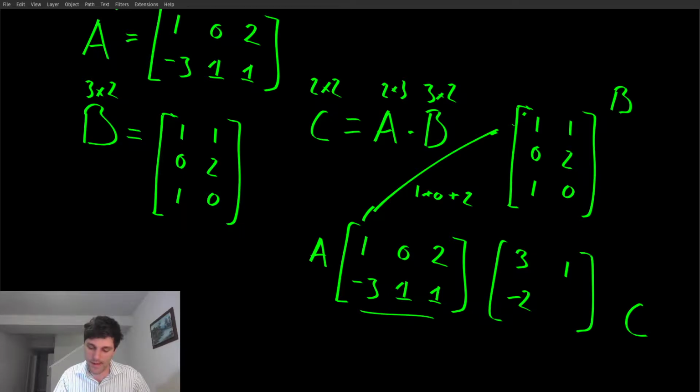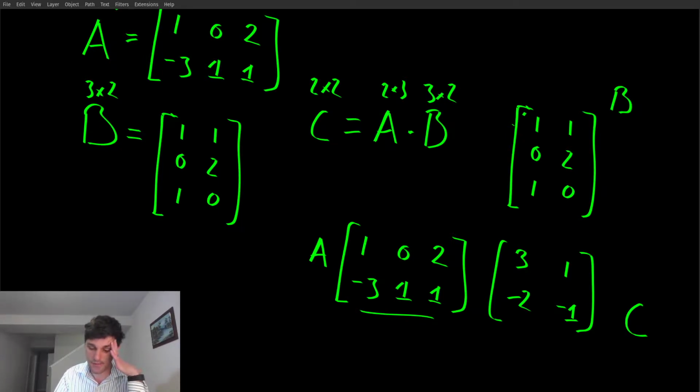So negative 3 times 1 is negative 3, plus 1 times 2 is 2, plus 1 times 0 is 0. So I get negative 1 here. So that's the answer. That's the matrix multiplication.